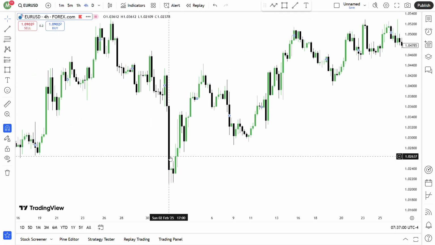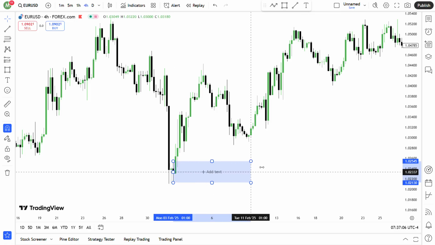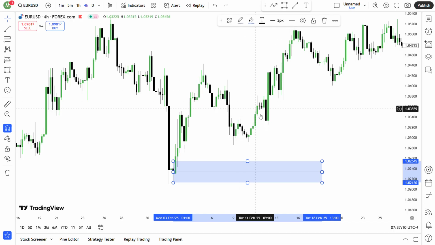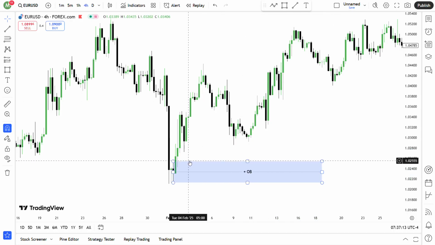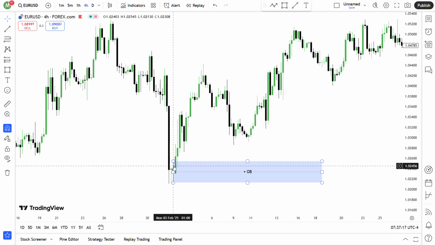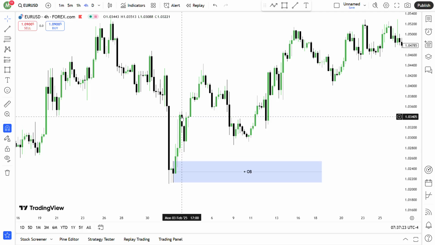First, this is known as a bullish order block. Why do I mark this as a bullish OB? The market makers are placing the order at a certain level. After the market maker places the buy order here, the market has expanded.